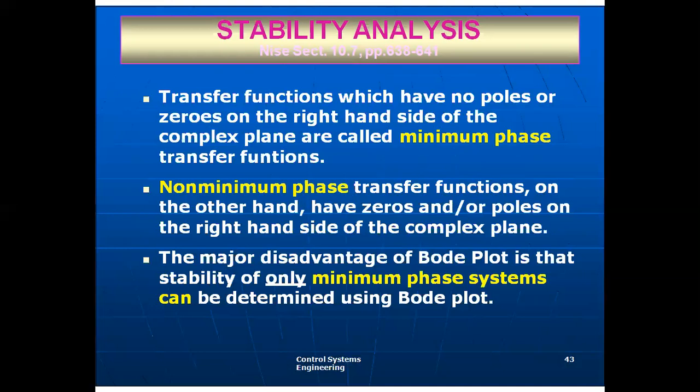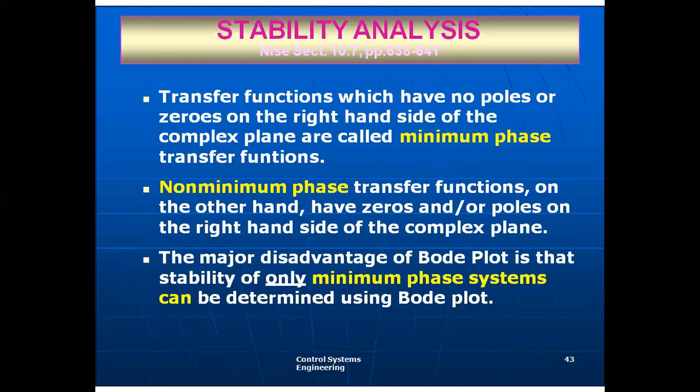Suppose in the S plane you locate the poles and zeros: if the poles are located on the left half of the S plane, the system will be stable. On the imaginary axis, the system will be marginally stable or oscillatory in nature. Whereas if the poles and zeros are located on the right half of the S plane, the system will be unstable.